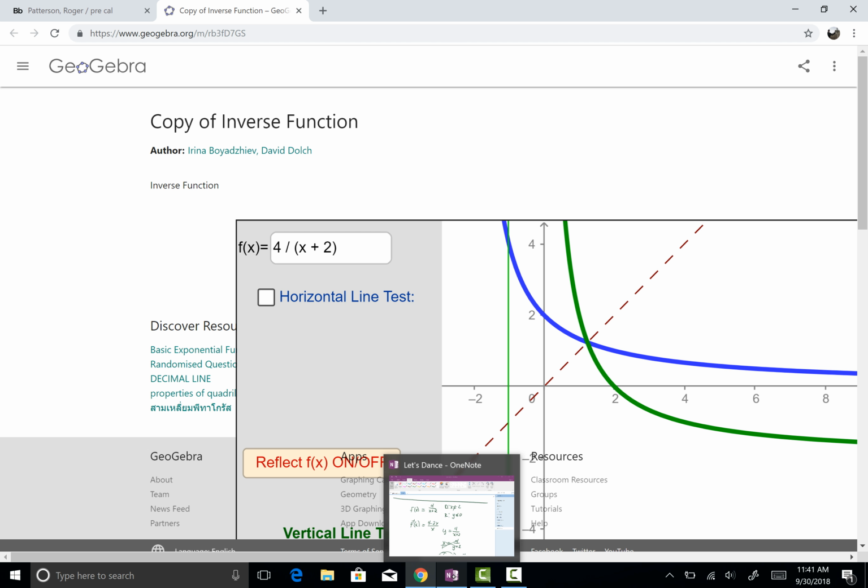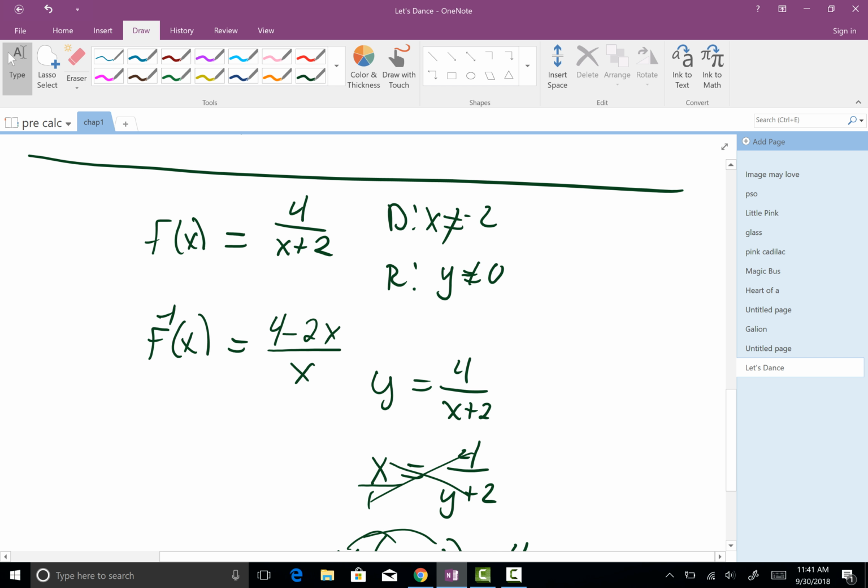So let's go back to this. Here's the domain and range, right? Here, the domain and range. Well, they switch. So then this range should become that domain. Look at that. And the range should be greater than or equal to 2.